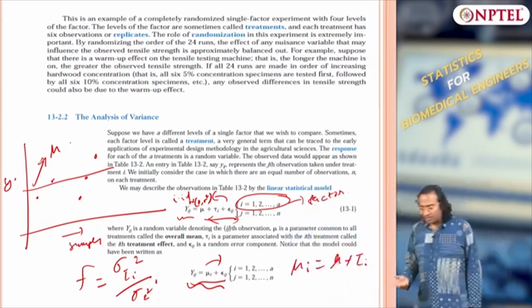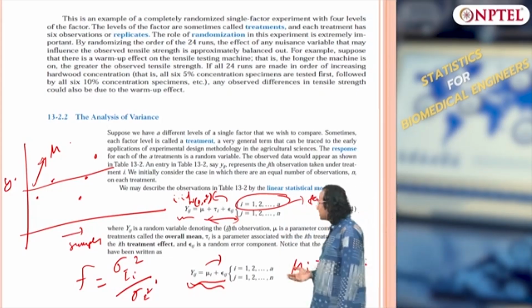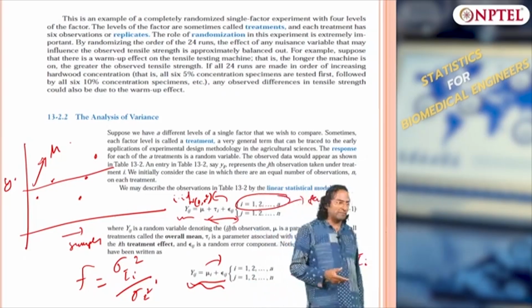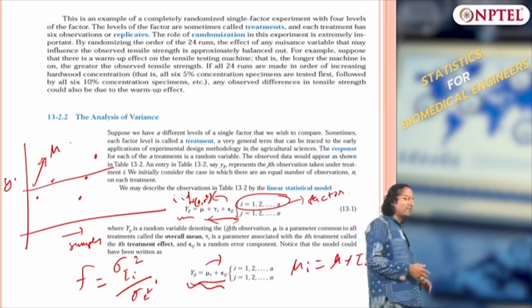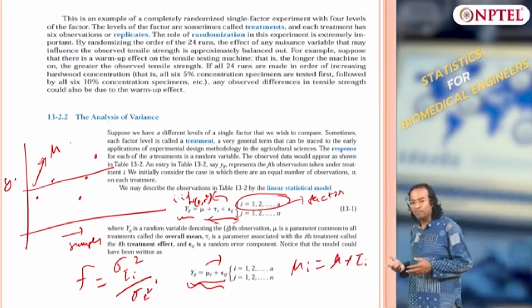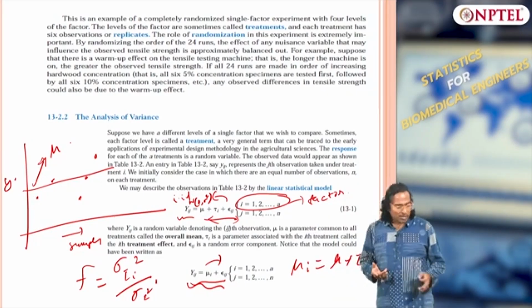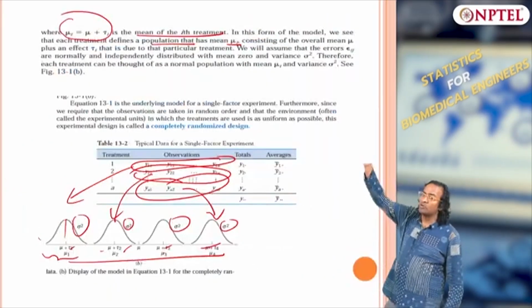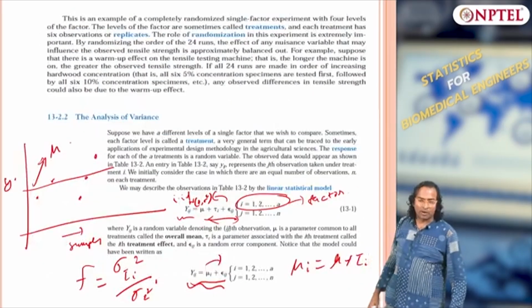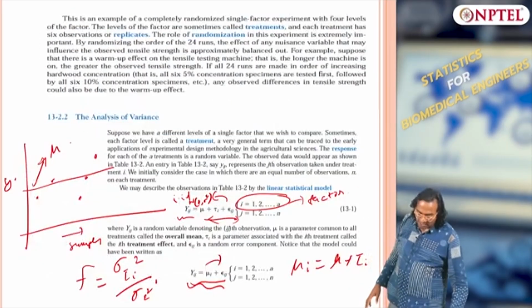So the way we have written the model, there is an overall mean mu plus tau i plus epsilon ij. That should also tell you that if I define this model, then the summation of tau i should be equal to 0, because some of the treatments will have an above-mean effect, some will have a below-mean effect, and the mean is the center point. So what is the constant value of Yij?